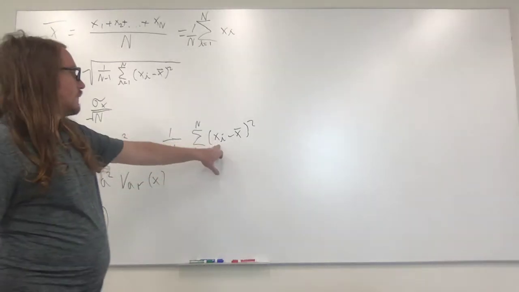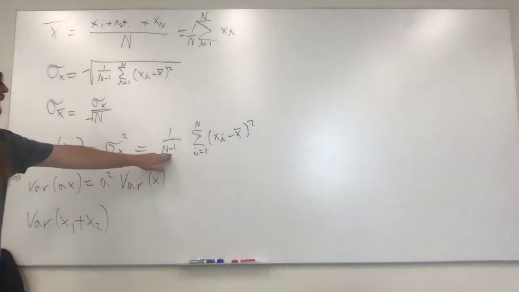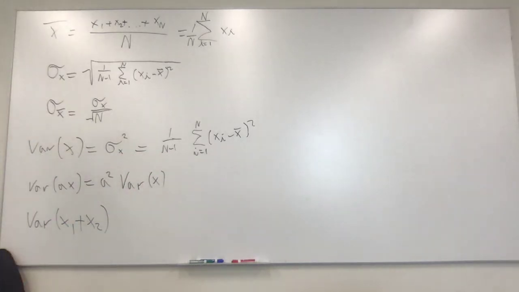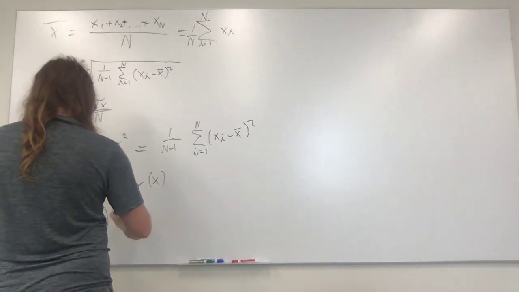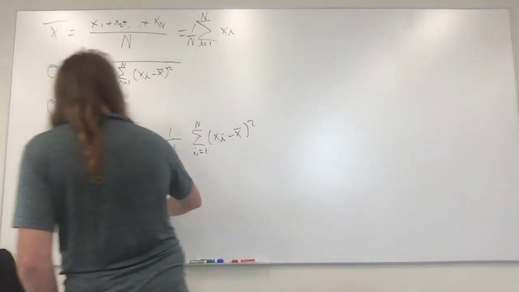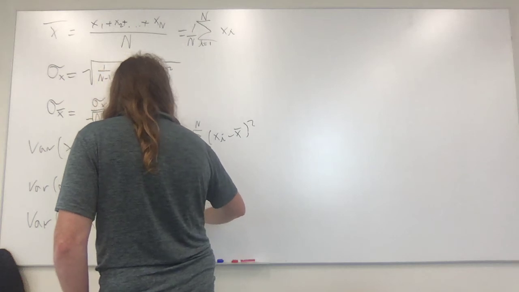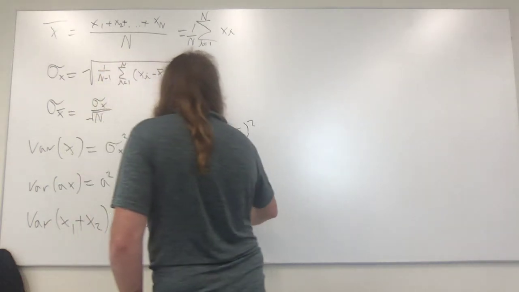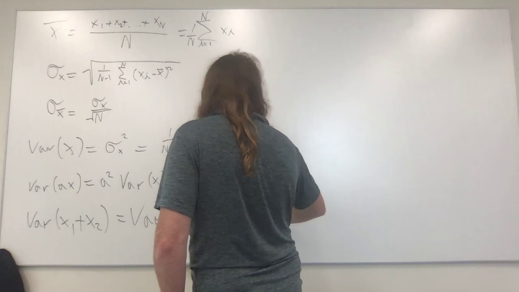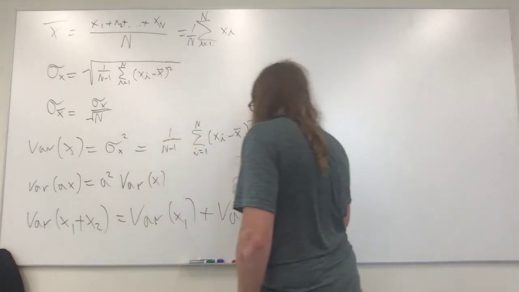Since you're summing over each individual term, if these have the same number of measurements, then this is equal to the sum of their variances. So the variance of their sums is equal to the sum of their variances.